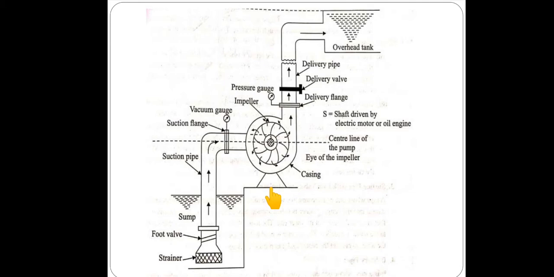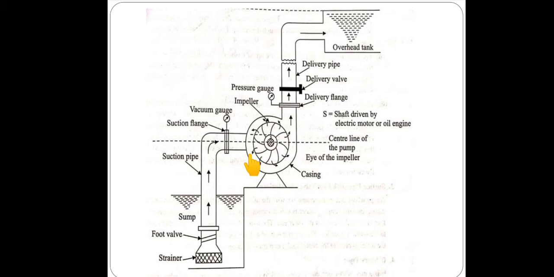Unlike the reciprocating pump, here we come across one term called priming. This problem will not arise in a submersible pump. In a centrifugal pump, before starting the pump, the complete impeller should be filled with water.